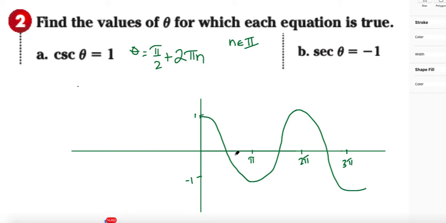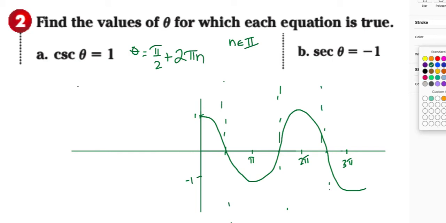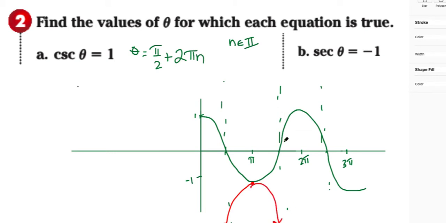We know that we're going to have those vertical asymptotes where the cosine is 0, but what we're really concerned about here when thinking about the secant function is where the values are going to be -1, and those values are going to be -1 the same place that the cosine values are -1. You guys get what I'm doing.